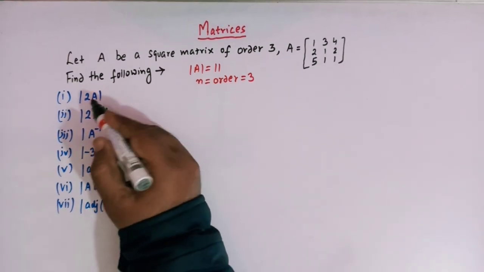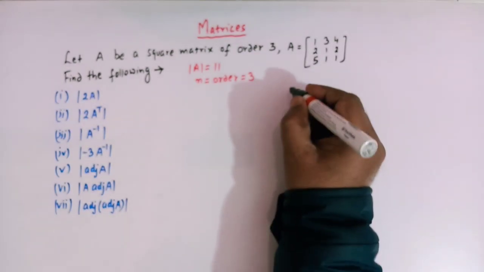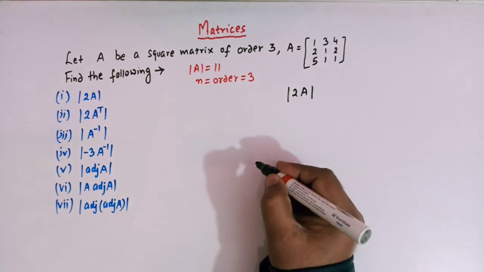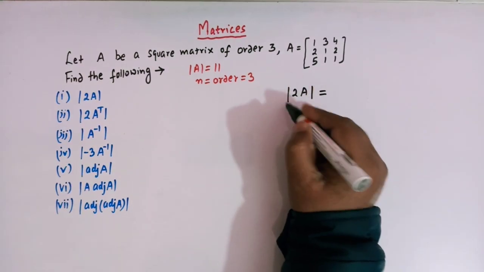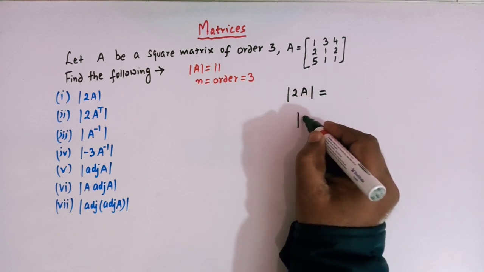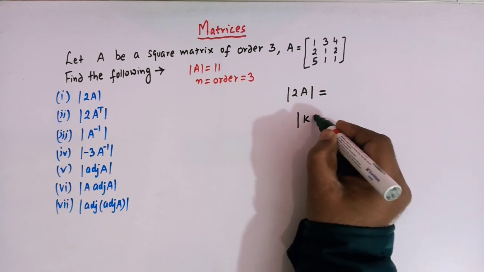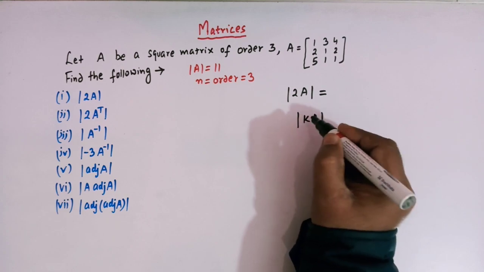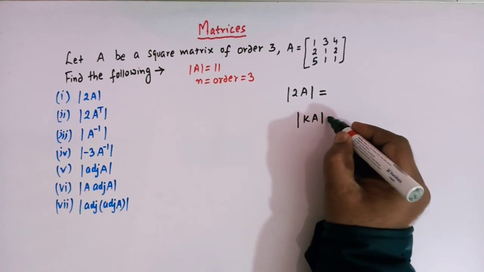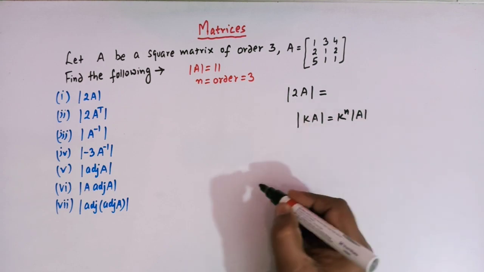So now let us first take the result number 1. So here we have to find the value of the determinant of 2 times the matrix A, right? So here what we will use, we'll use this result, that is, if we have k, a scalar or a real number here, then the value of the determinant of k times this matrix A is equal to k raised to n times determinant of A, right?